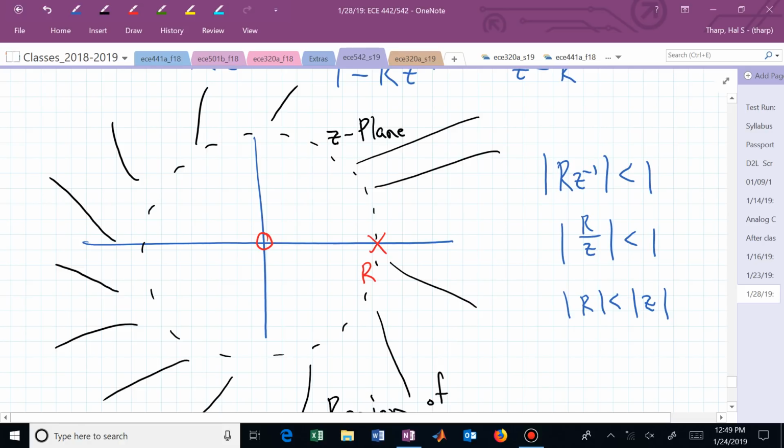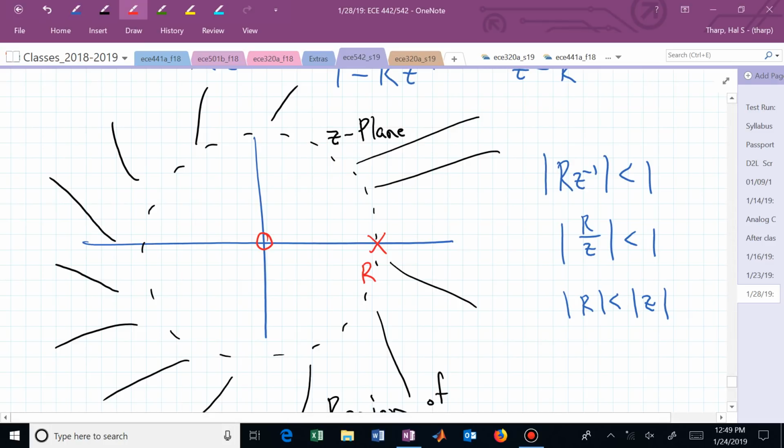If R is less than 1, then that pole, we could locate the unit circle now. 1 might be here if R was less than 1. If R was bigger than 1, then the unit circle would have been there, one of the boundary points of the unit circle. And that pole would have lived outside the unit circle.